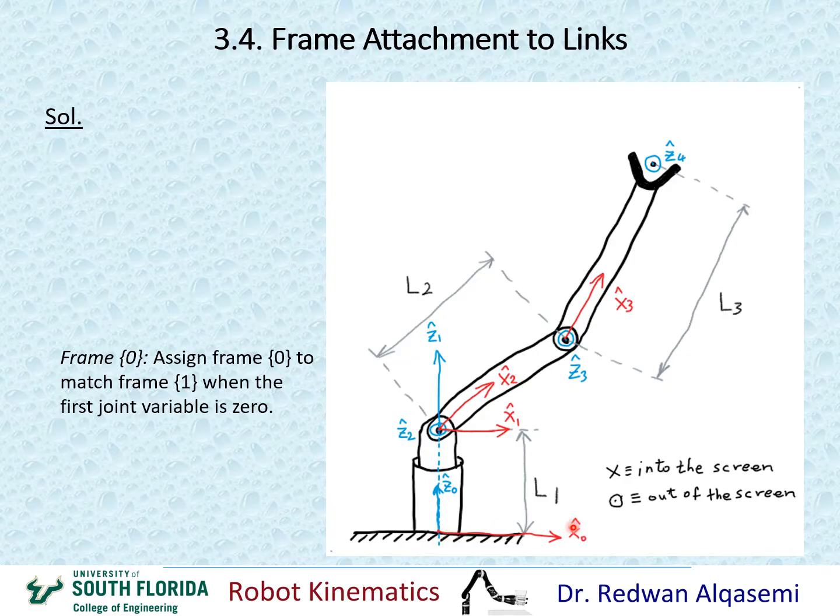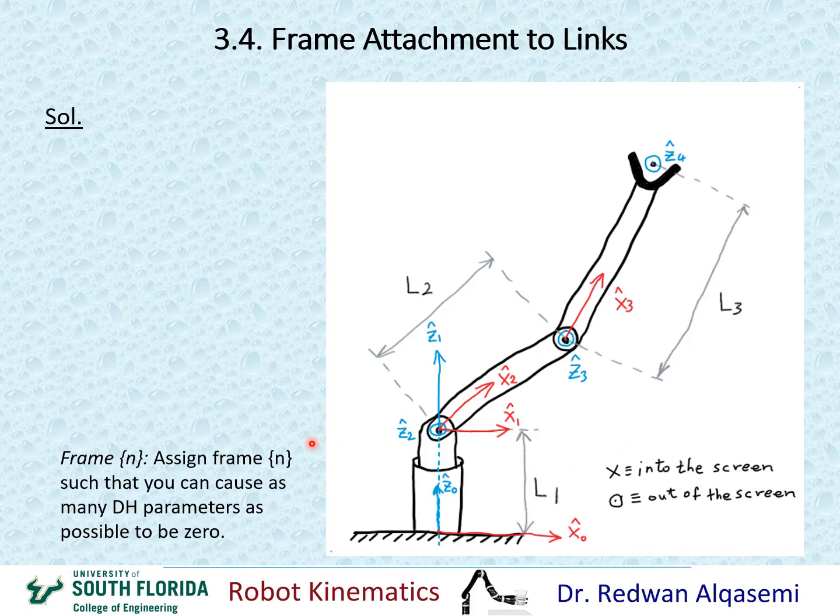So I'm going to assign x0 here to be the same direction as x1 when angle θ1 is 0. Now, as soon as θ1 starts moving, this x1 will depart and will start rotating with link 1. Okay, where x0 is going to stay where it is. Same when θ2 moves, joint 2 moves, x2 will start moving this way. Okay, and then when θ3 moves, x3 will start moving this way.